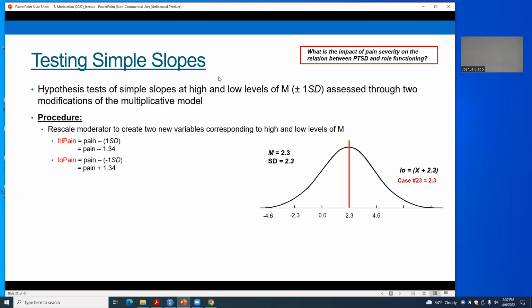Now, asterisk this: the only time this gets tricky is if you're not centering and you have high and low levels and then you've got negative values.